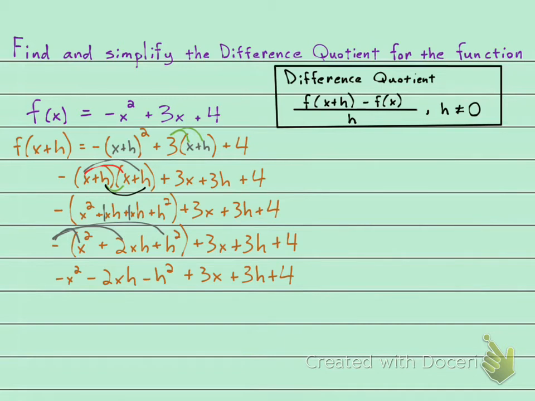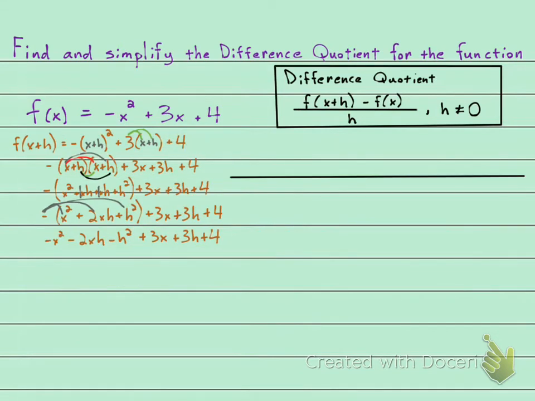And we're going to take this and plug it in right here for this thing. Let me make a little bit of space here. Let's plug in the f of x plus h goes here.